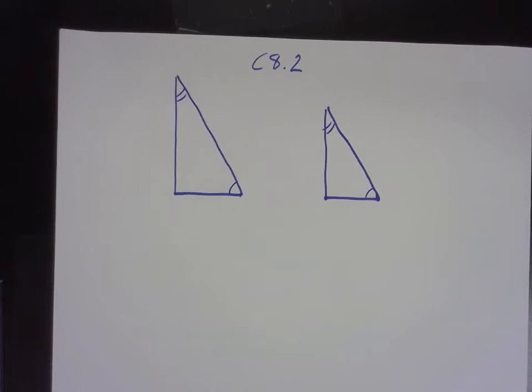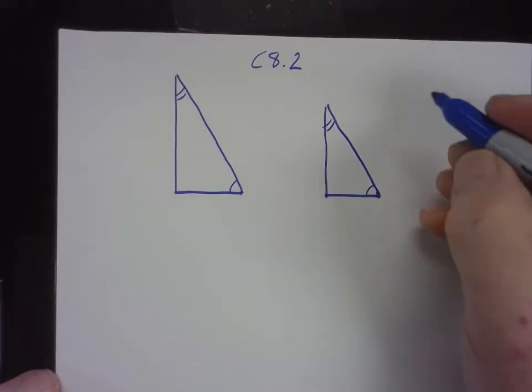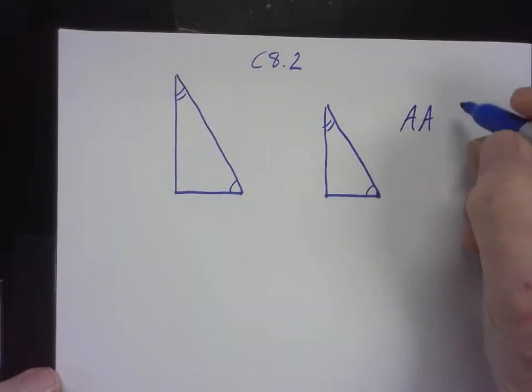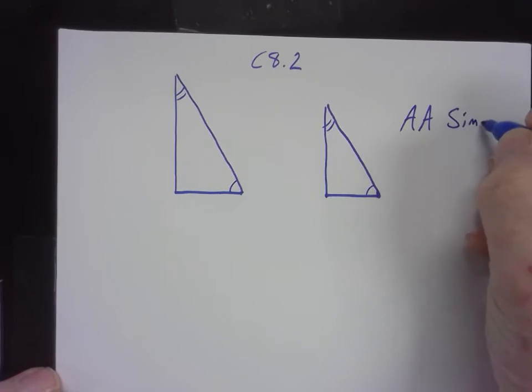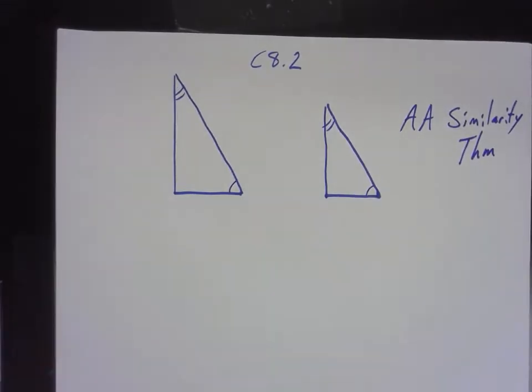Yeah, that third angle theorem. Remember that one? If two angles of two triangles are congruent, then the third angles are congruent. So this is the angle similarity theorem. It's the only one you have to really learn.